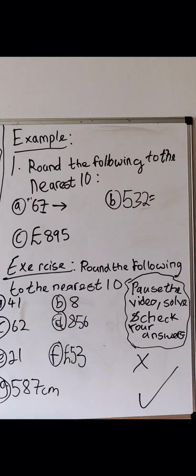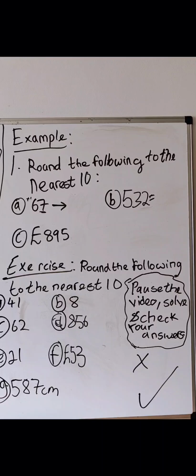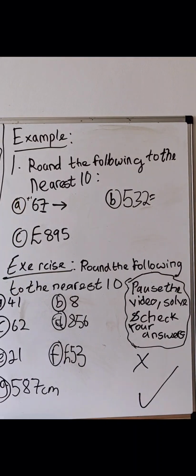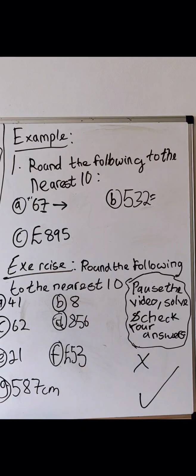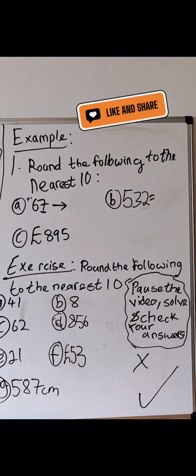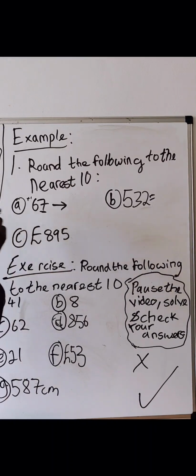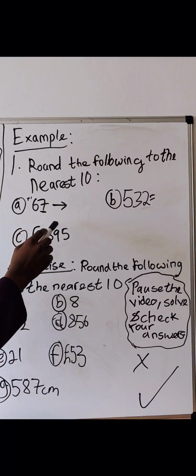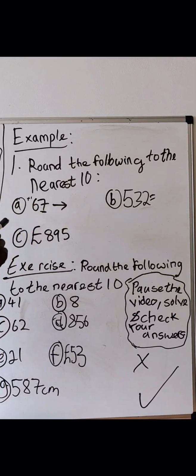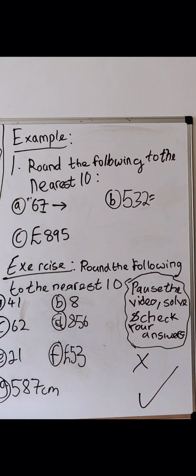So guys, this is the example we have here. It says round the following to the nearest 10. So we have 67. Since when rounding, it is only the number to the right of the number being rounded that we consider, this is the number to the right of the number that we are rounding, which is 7, and 7 is a round up number because it is 5 or more.